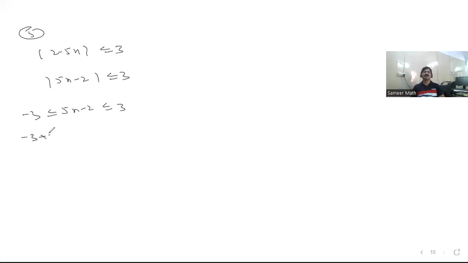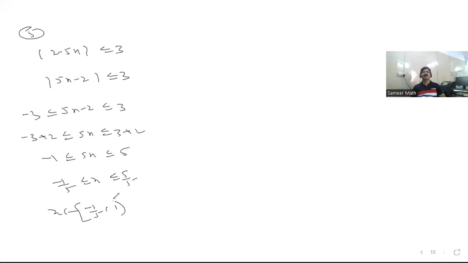Add 2 to the inequality. You will get like this. 2 gets cancelled. 3 plus 2 also, you will get 5x less than or equal to 5. Divide by 5. Minus 1 by 5 less than or equal to x less than or equal to 5 by 5. So your answer is minus 1 by 5 to 1. This is closed.